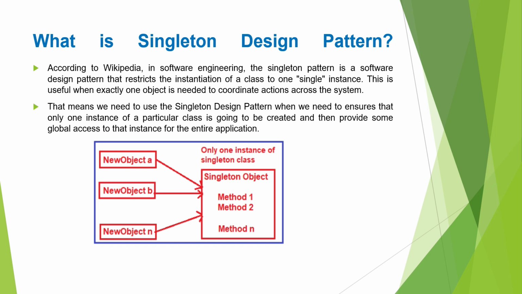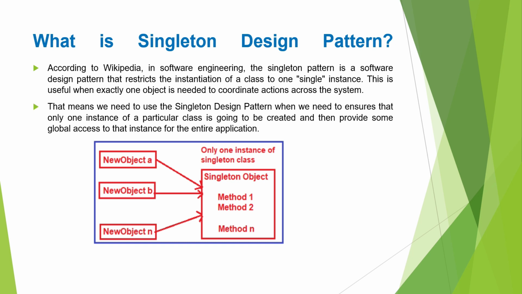So let us proceed and discuss what the singleton design pattern is. According to Wikipedia, in software engineering, the singleton pattern is a software design pattern that restricts the instantiation of a class to one single instance. This is useful when exactly one object is needed to coordinate actions across the system.